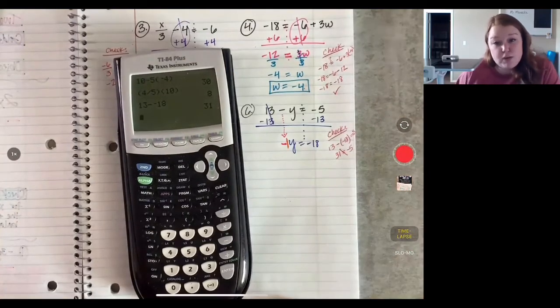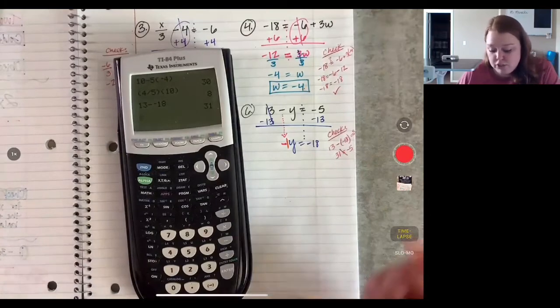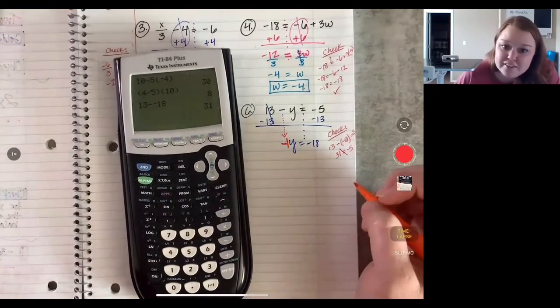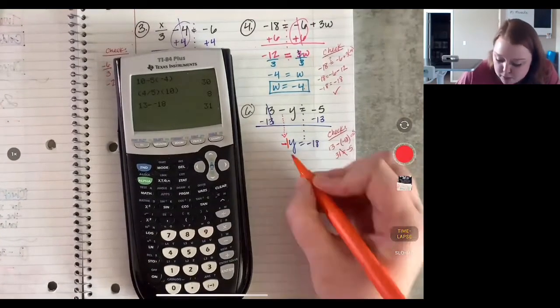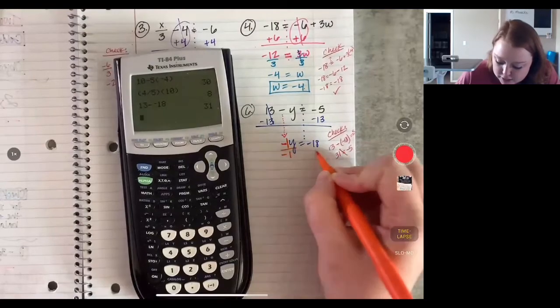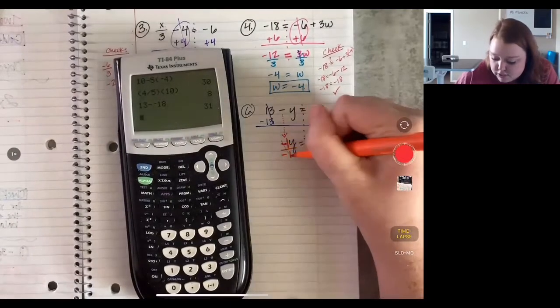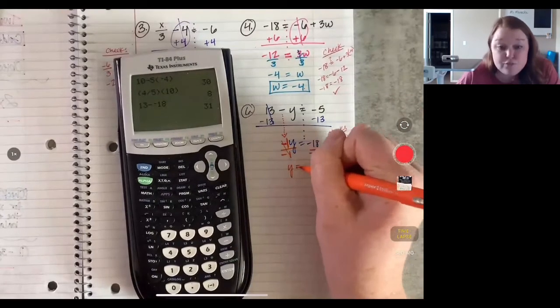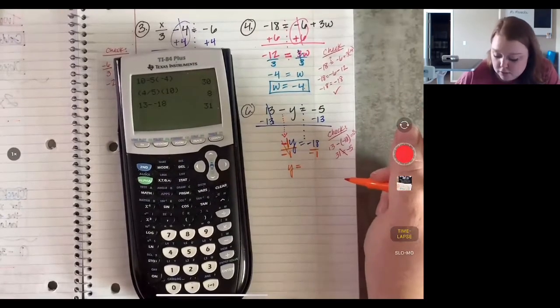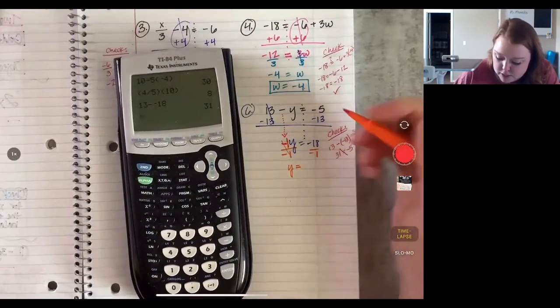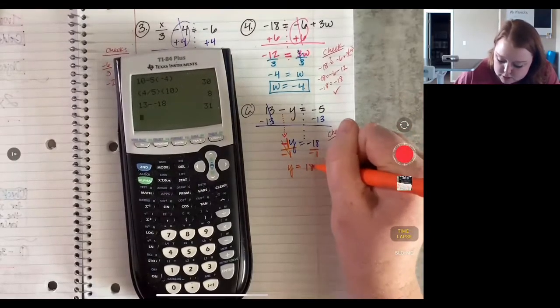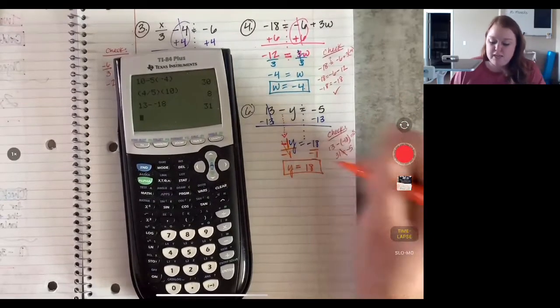So how do you get rid of that -1? It's its coefficient. You're not going to add 1, don't you dare. That -1 is timesing by y. So you're going to divide by -1 on both sides. These cancel out. I'm left with positive y, which is what I wanted. -18 divided by -1 is positive 18.